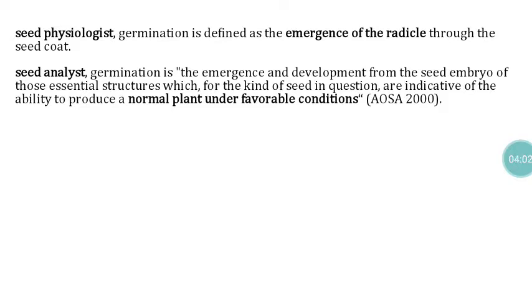So the definition is mainly based on the result. If it is normal, it is a germinable seed. If it is abnormal, it is non-germinable. They treat that seed as equal to a dead seed. These are the definitions given by the two different fields from separate perspectives.